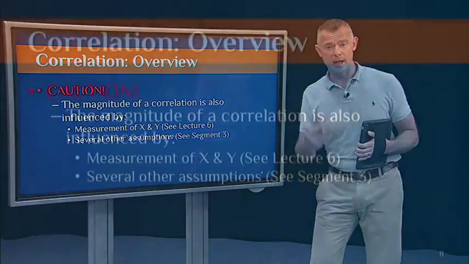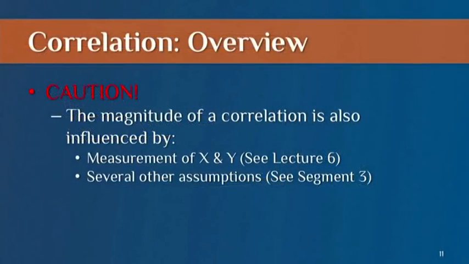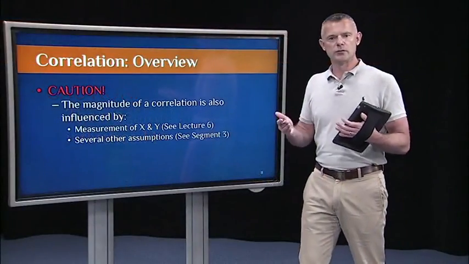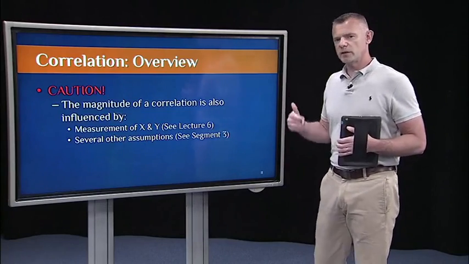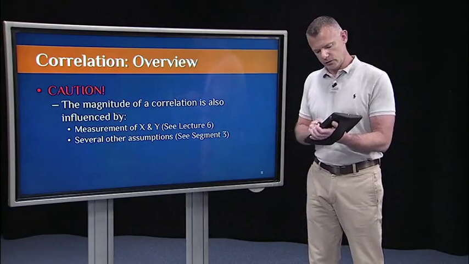Specifically, do you have reliable measures and do you have valid measures? For example, in the intelligence literature, we need to know that we have reliable assessments of intelligence. We need to know that they're valid assessments of intelligence in order for us to make any sense of the correlational analyses. So we're going to spend a lot of time talking about that in lecture 6.